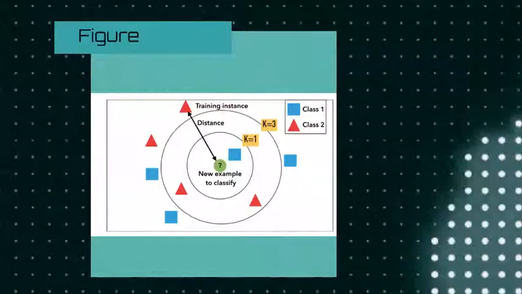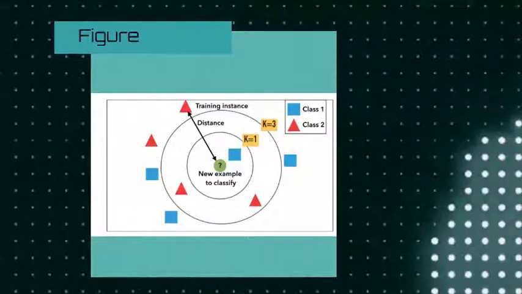Now if I give k as 3, the nearest neighbors, which are the triangles, will be at the shortest distance from this newly given input. So this new input would be classified in class 2. So this classification is really based on the value of k I specify, and based on that the new input will be classified into the respective class.